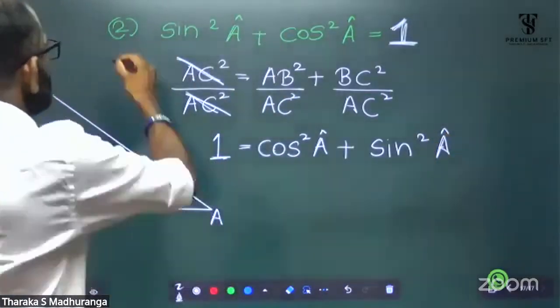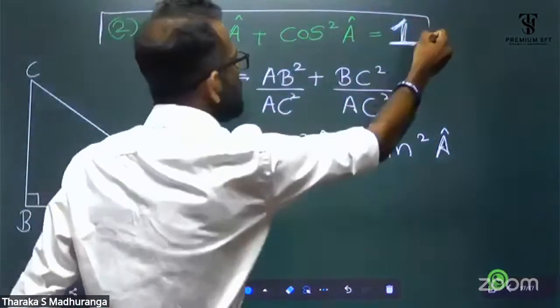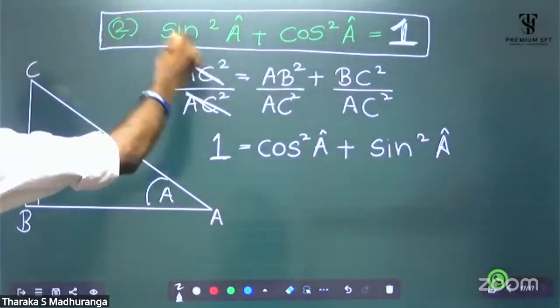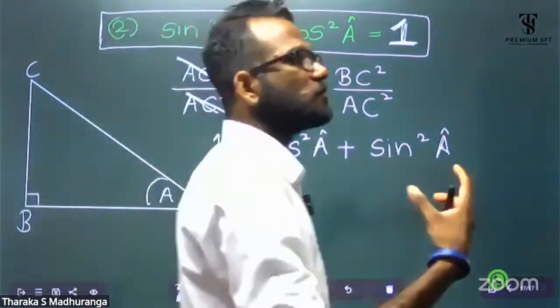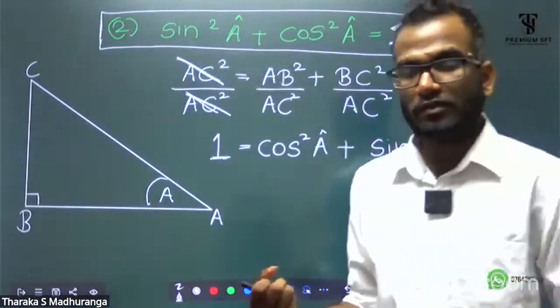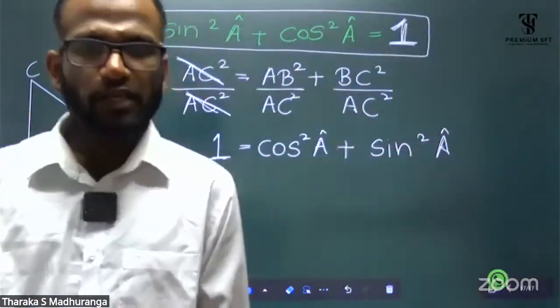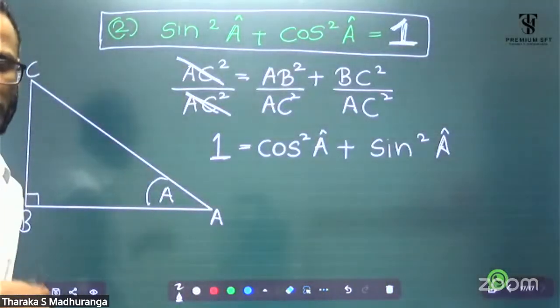Okay, that's our second relationship. Very simple. Sin squared theta plus cos squared theta is equal to 1. Understood?